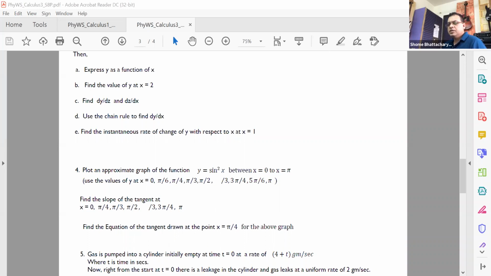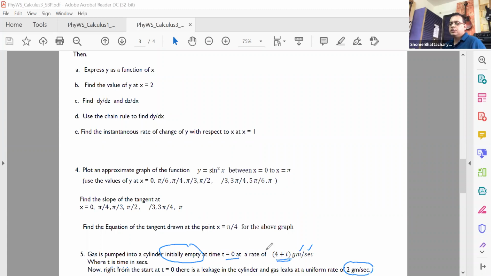So what is happening in question 5 is that you're pumping gas into a cylinder which is initially empty at t equal to 0, and you're pumping it at a variable rate, where t is time in seconds, and the rate of pumping is given in gram per second. So it is mass of gas pumped per second. And also right from the start, when you start pumping at 4 plus t, there is also leakage, and gas is leaking out at a uniform rate of 2 gram per second.